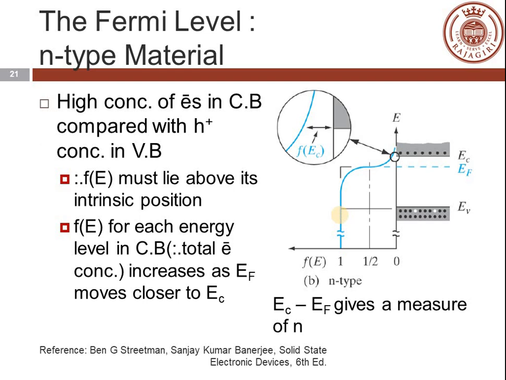And f of E for each energy level in the conduction band increases as EF moves near the conduction band. That means once EF moves near the conduction band, this curve will also shift upwards. That means this gap will increase, so we have a higher value for electron probability. And for n-type material, the difference between EC and EF gives a measure of electron concentration. That means if EF is near EC, or the EC minus EF value is small, we have a large concentration of electrons in the conduction band.